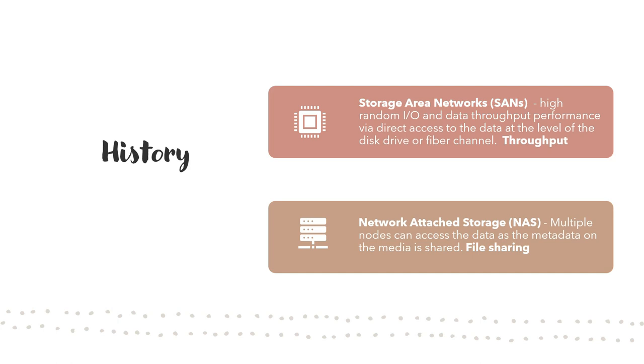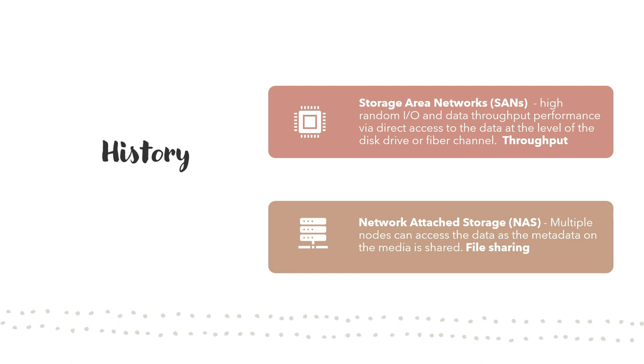Similarly, there is another storage architecture known as network attached storage. Whenever we need more storage, we can have this kind of architecture where multiple nodes can access the data. It can be shared, the reason being the metadata is shared.